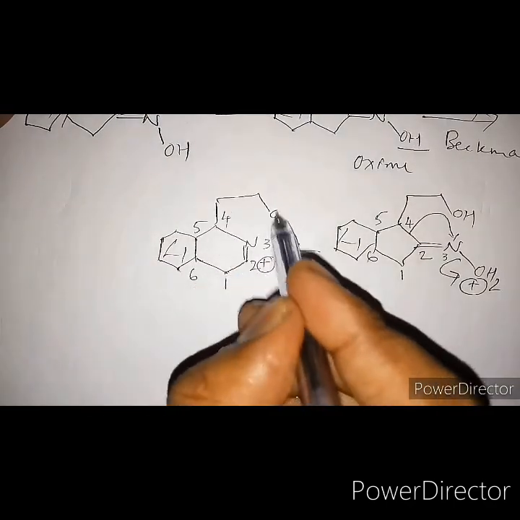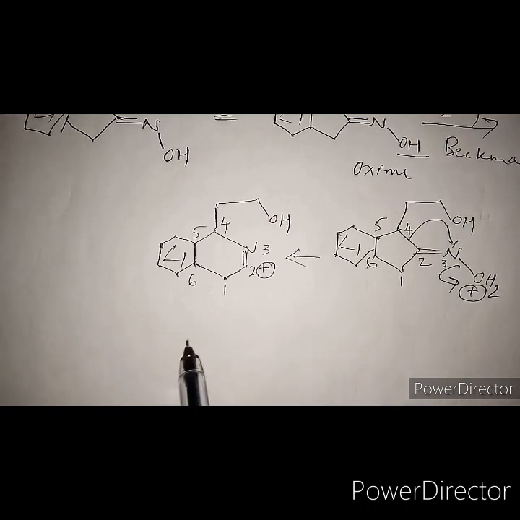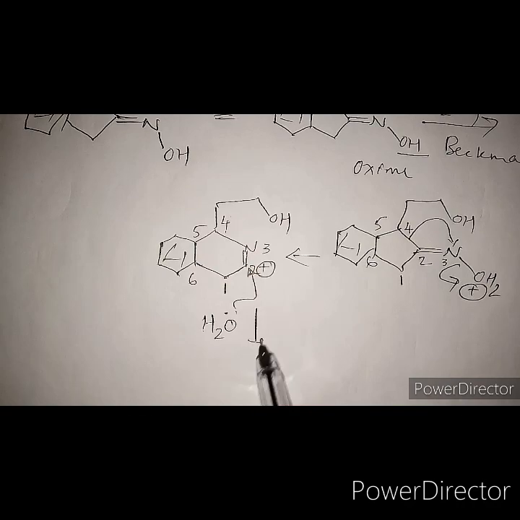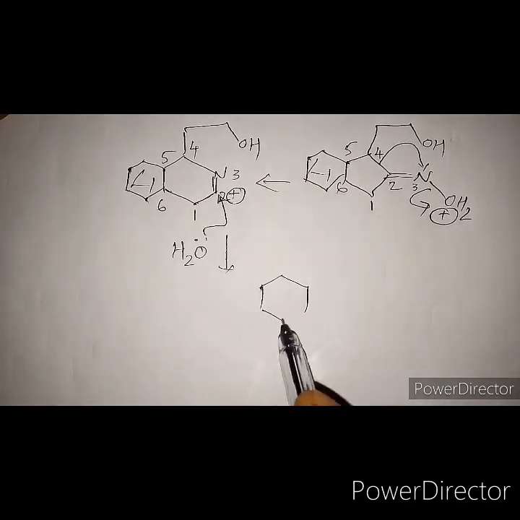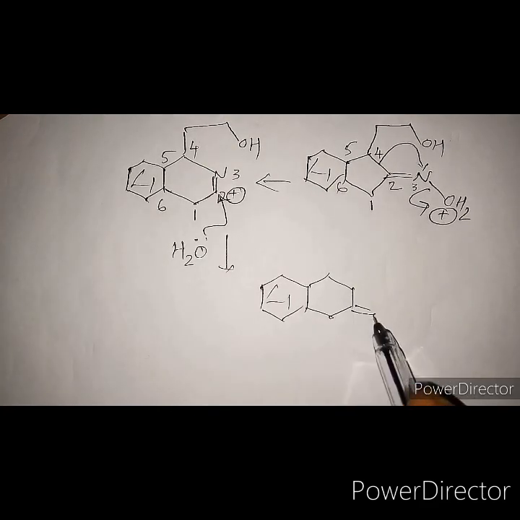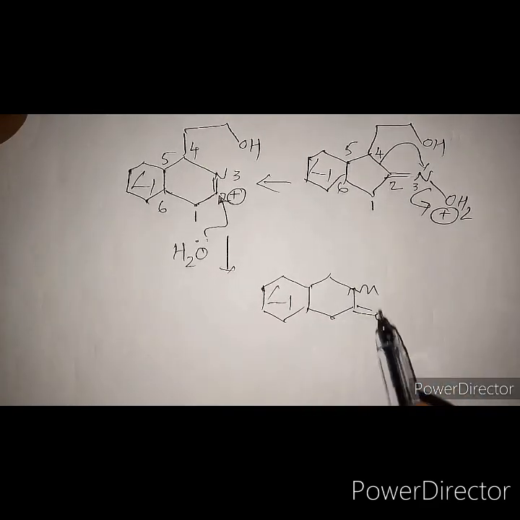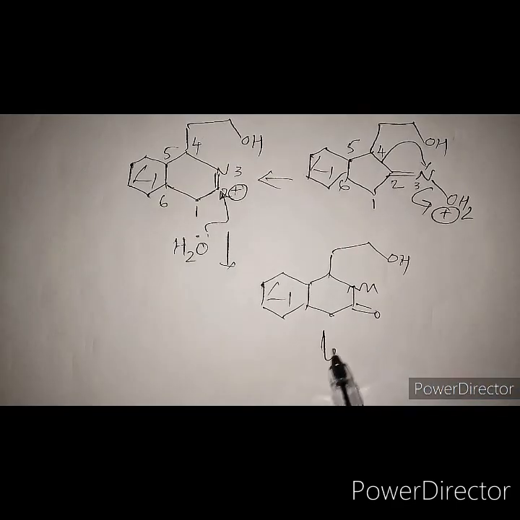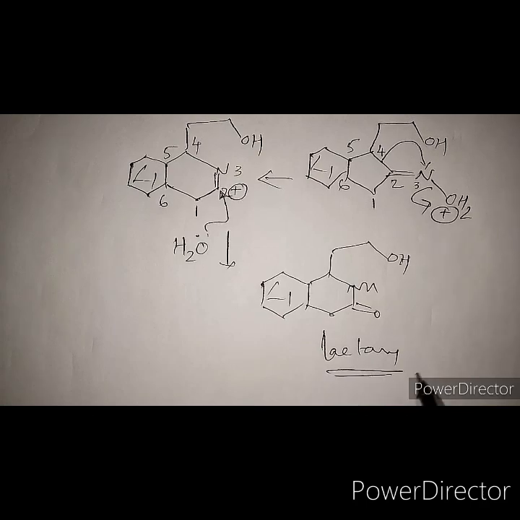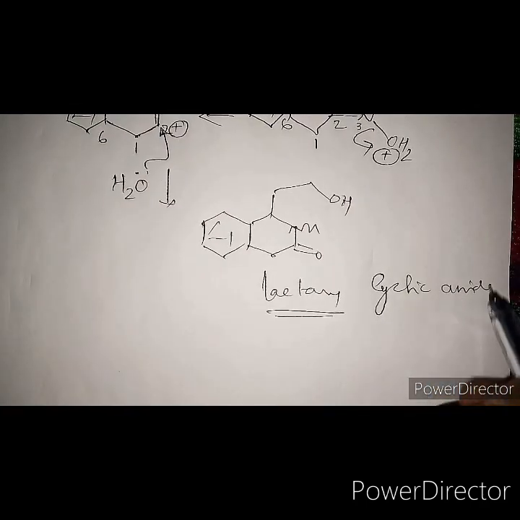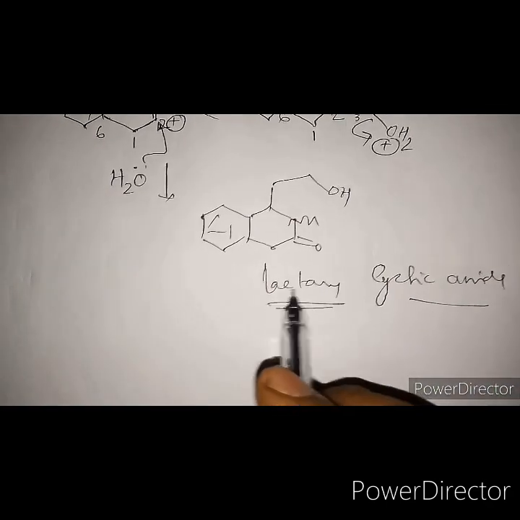Now the eliminated OH2 plus will attack here, so you will get a ring amide, which we call a lactam. A cyclic amide is called a lactam. So this is the final product in the Barton reaction.